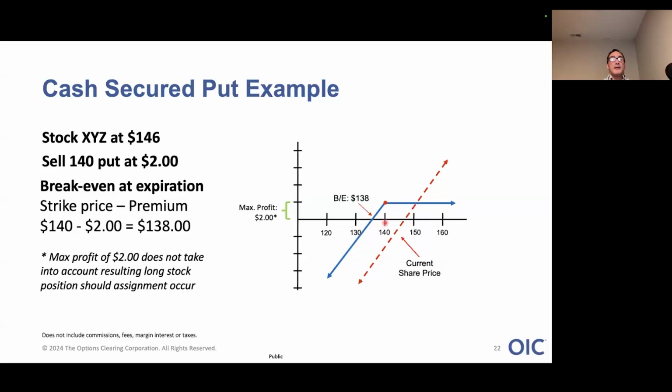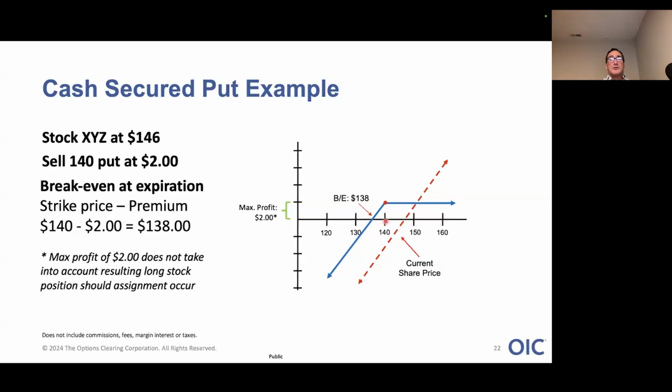So once again, the cash secured put is called cash secured because if I sold this put for $2, and my break even is now effectively 138, I have to pledge the amount of money that would cost me to buy these shares should the exerciser exercise their option.